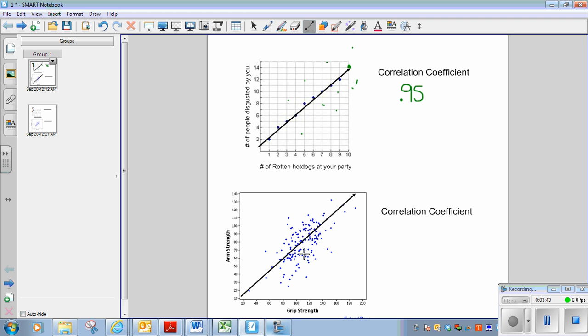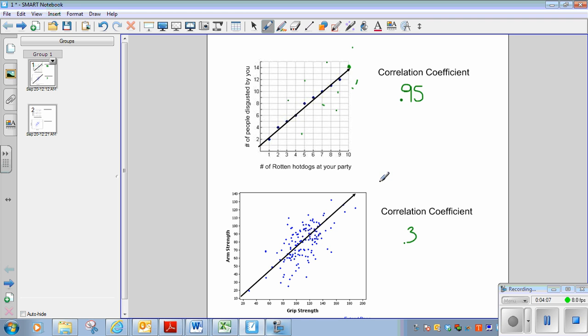And so we would say a correlation like this, where it's all bizarrely all over the place, but there's kind of a trend, is a weak positive correlation. And if we ran our stats on it, the correlation coefficient would be farther away from the number 1. It would be maybe something more like 0.3 or something like that.